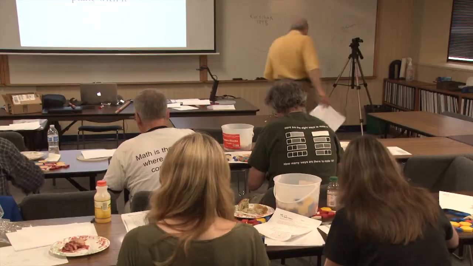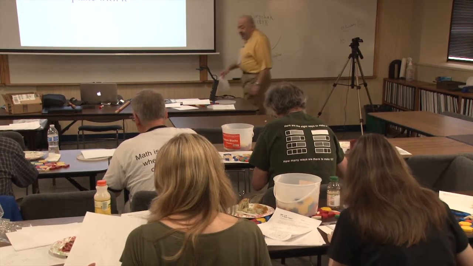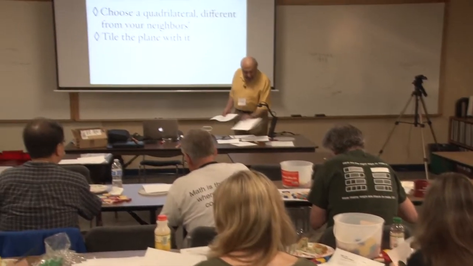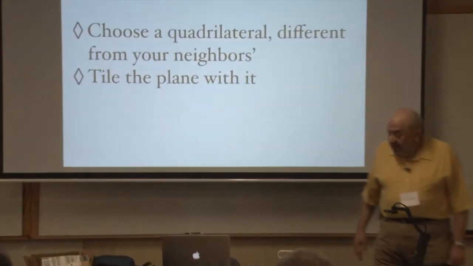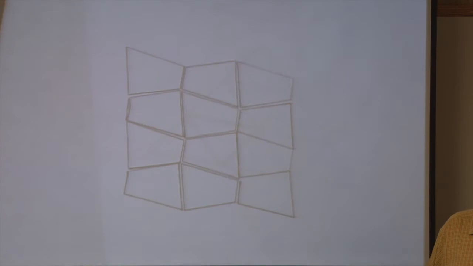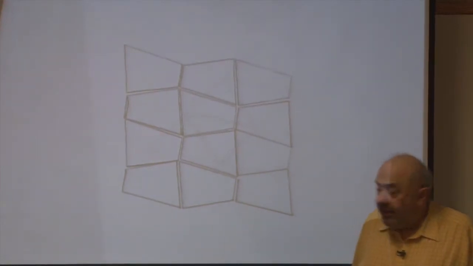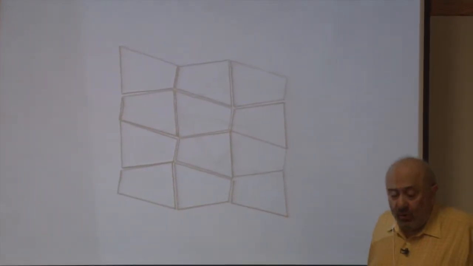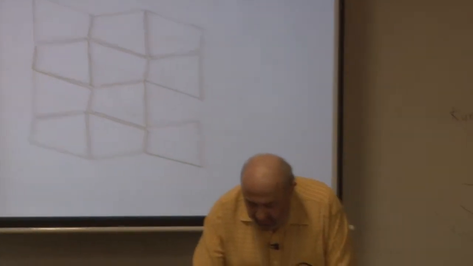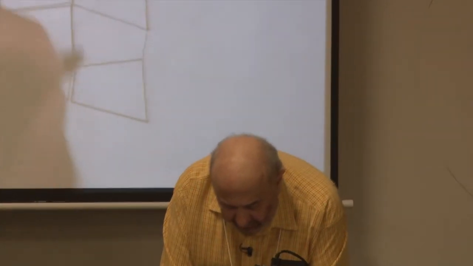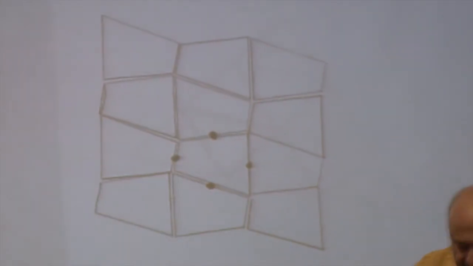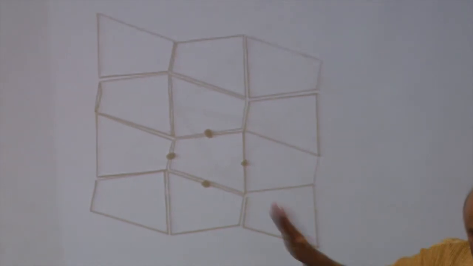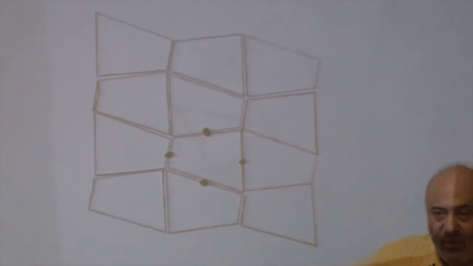And as it turns out, again, I'm doing this faster than I would at school, but we'll tile. No flipping. The same method works. To get adjacent ones, just rotate 180 degrees around the midpoints, and that will propagate correctly.